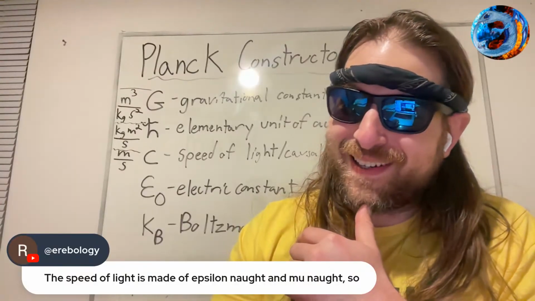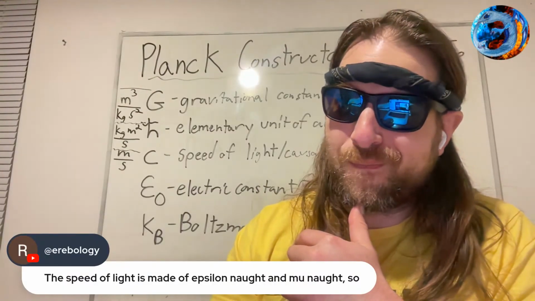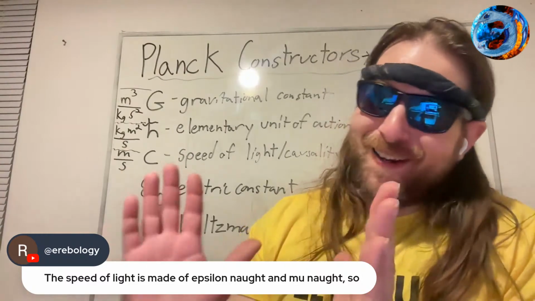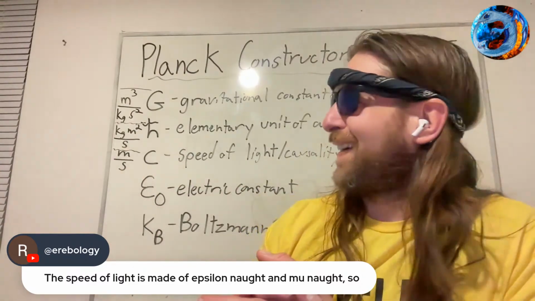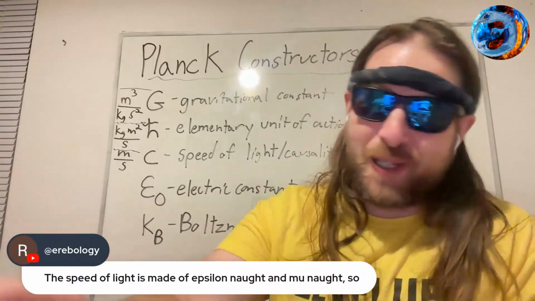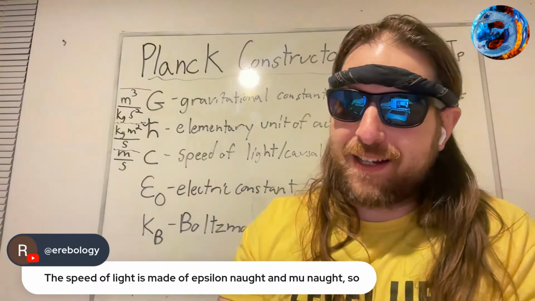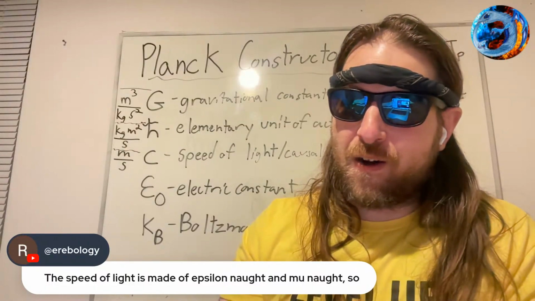That is true, Rick. The speed of light is made of epsilon naught and mu naught too. I'm not gonna lie, that was one of the most satisfying things. Constants of nature, how do all these things work? I'm going through the magnetic constant, the electric constant. Wait a second, that looks a little familiar.